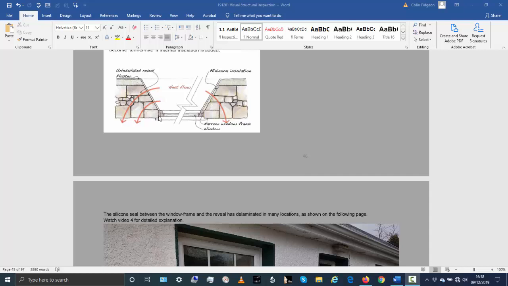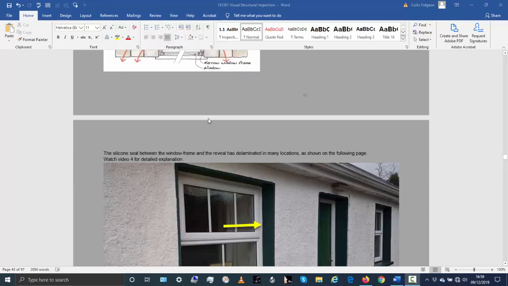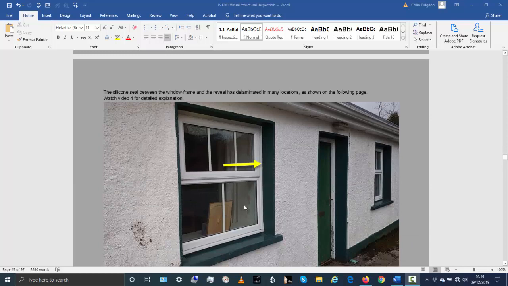Sometimes, if the silicone seal between the window frame and the stone wall is not in good condition, you can get driving rain penetrating around the window frame, and sometimes a significant amount of rain, keeping this area more moist than you normally would. So this is the window here, and you can see a silicone seal between the cement render and the window frame.